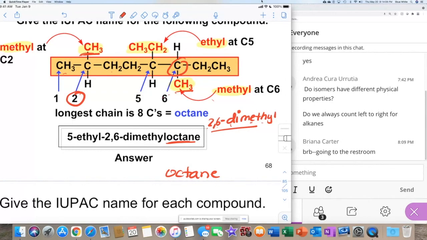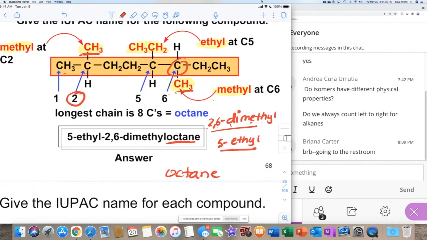What about the ethyl? I also have an ethyl. Okay, where's the ethyl attached? It's attached to carbon 5. So 5 dash. Remember, between a letter and a number, there has to be a dash. Now that I have my pieces together, set up on the side, I now have to put them in front of octane, but I have to put them alphabetically.